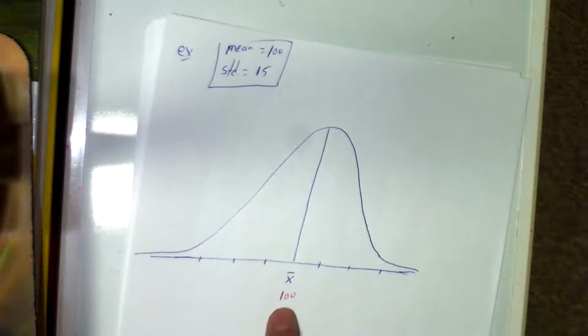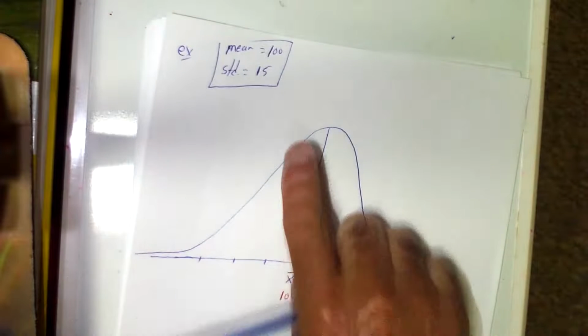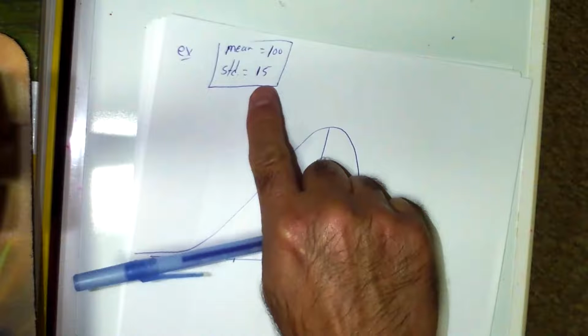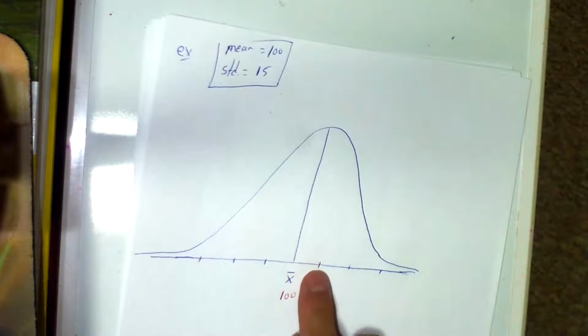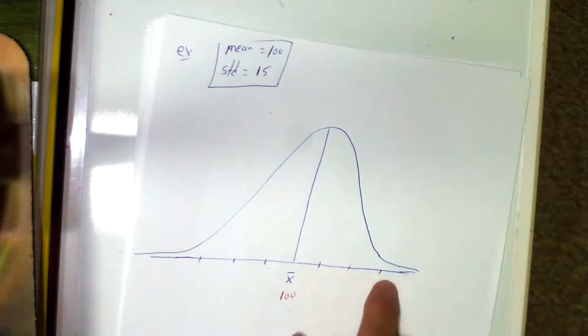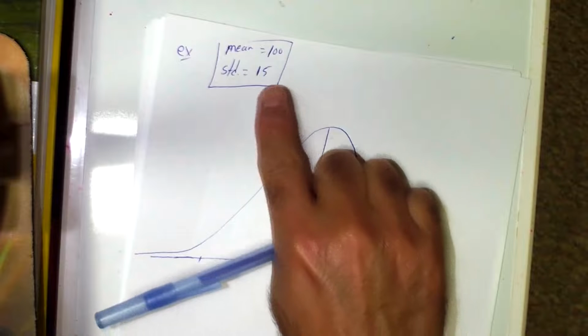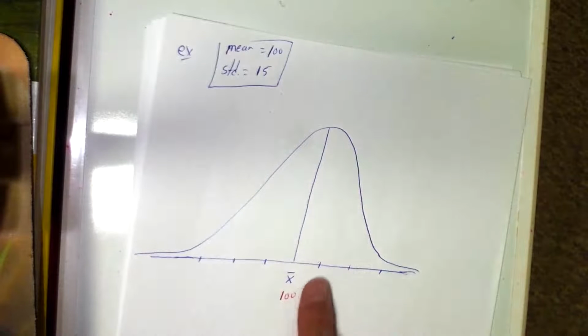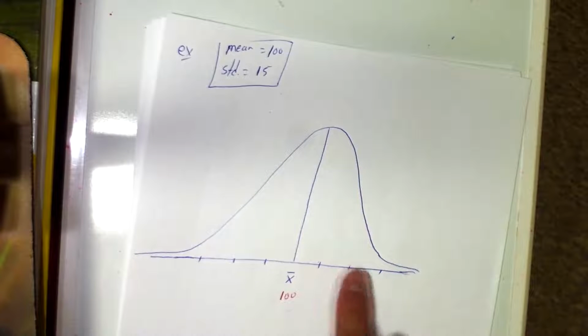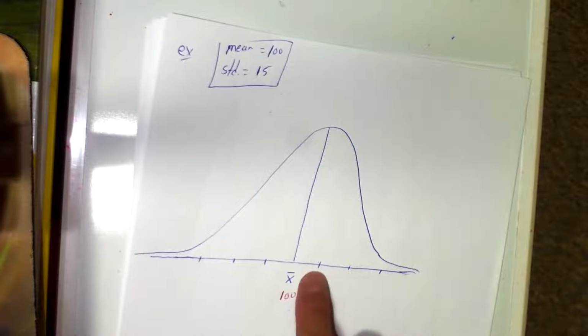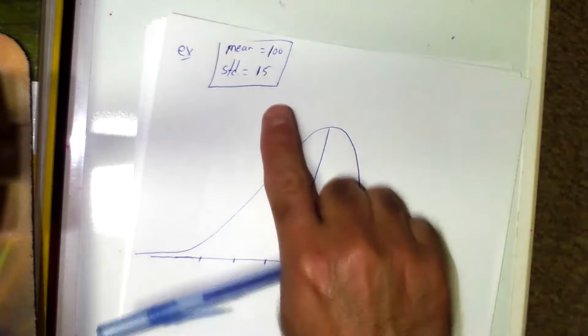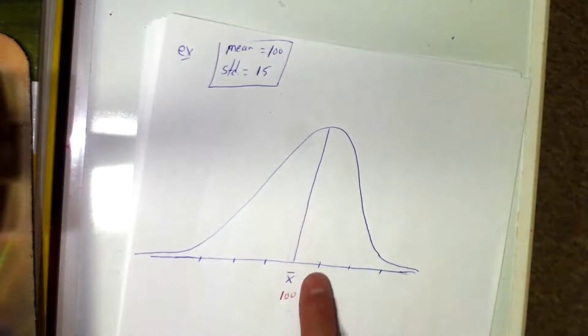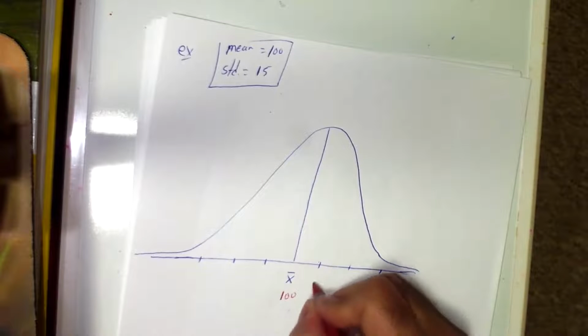Okay, so knowing that that's my mean, I'm going to use the fact that my standard deviation is 15. If I want to label these tick marks, I'm going to continuously add 15 as I go. You add your standard deviation to get to this mark. So if I add 15 to 100, I get 115.